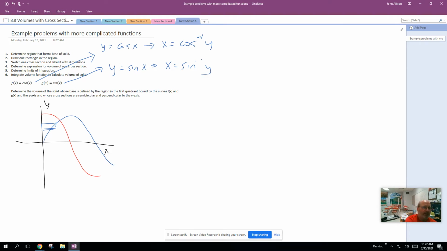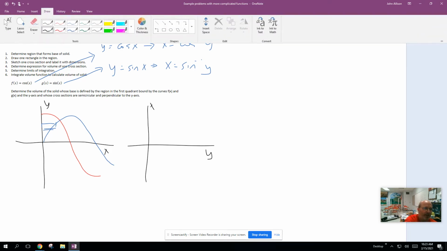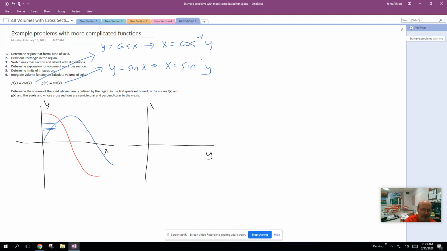When we do that, it allows us to flip our axes. I want to redraw this with the y-axis down here this time. Our x is our independent variable now. And what we're going to see when we flip this is, recall that sine inverse comes up and goes like this.